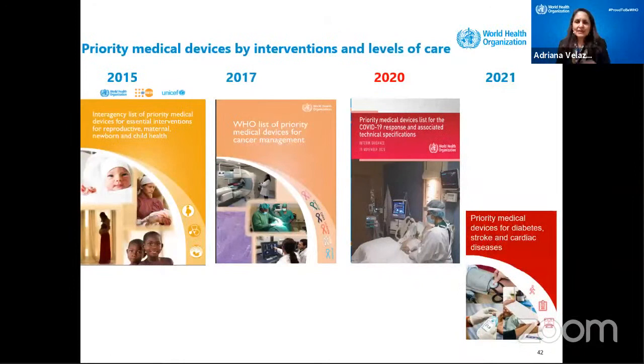Then we took all the priority medical devices and we said it is very difficult for people to go to PDFs, download the PDF and everything. So as I told you, now this book, The Priority for COVID, came out in 2020 and 2021. We hope in 1 month to launch the cardiovascular, stroke and diabetes book.